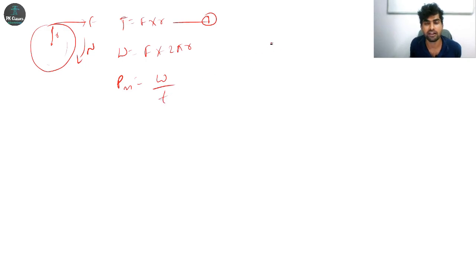Time is 60 by N. Keep it in your mind. So F into R into 2 pi by 60 by N; finally F into R is T, torque, into 2 pi N by 60. So finally we got T into omega.